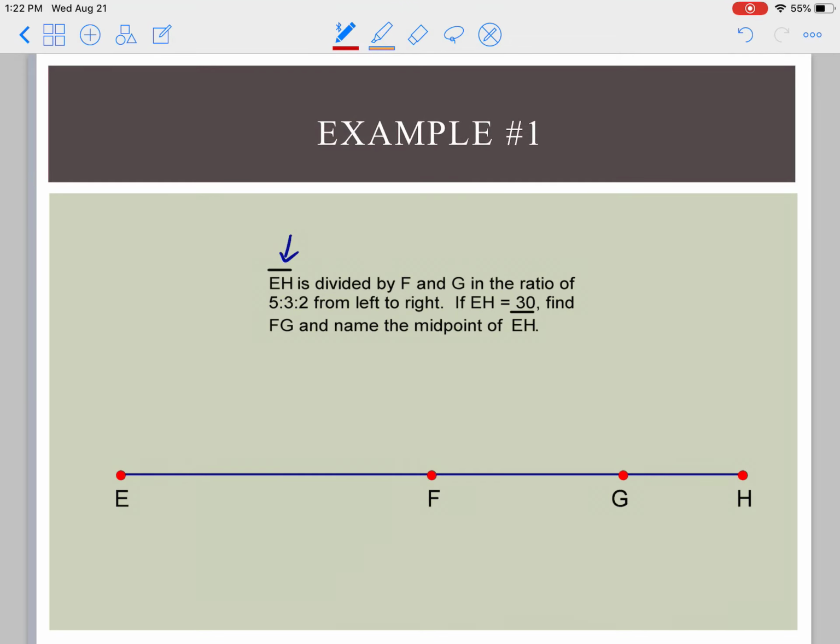Remember, anytime you're given a diagram or must use a diagram, make sure you insert all of the information before you start working. So we know that EH in its entirety is 30. And we're also told that EH is divided by F and G in the ratio of 5 to 3 to 2.